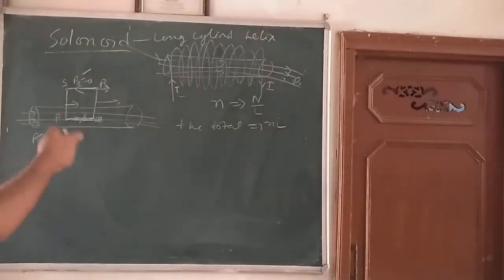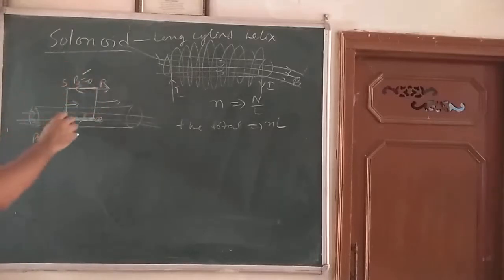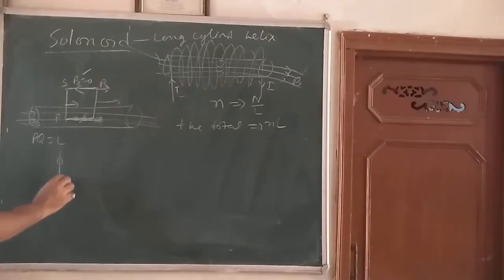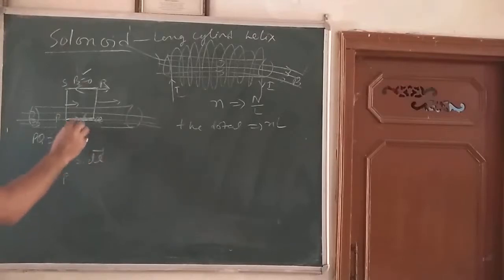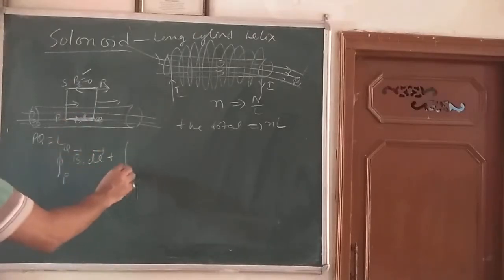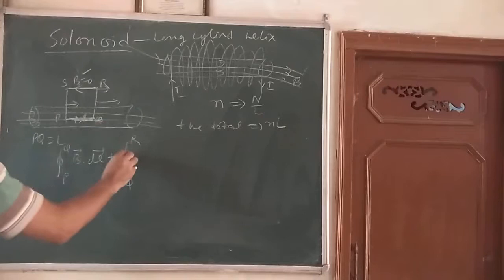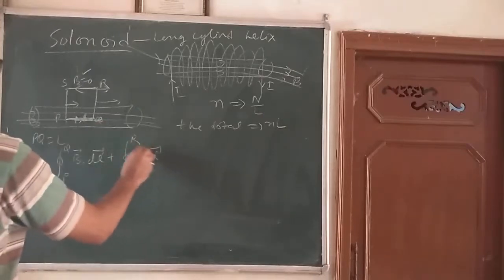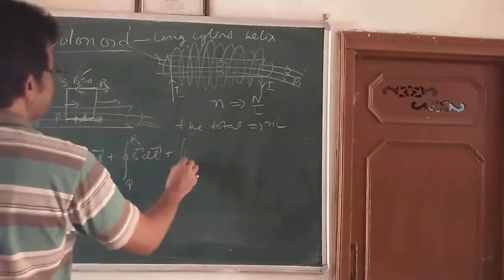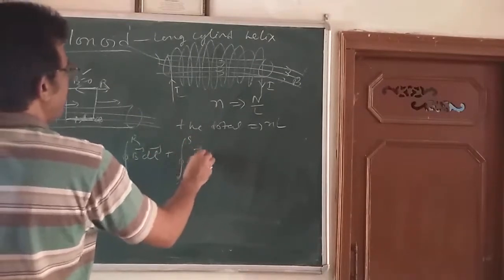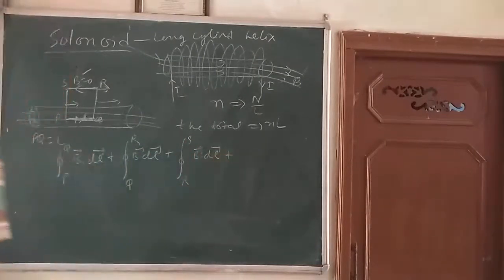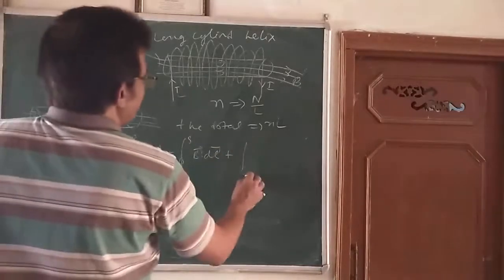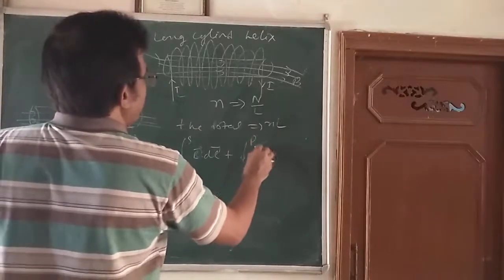So the line integral of magnetic field B over the closed path PQRS: first from P to Q, B dot dl, the length of the small element, plus QR, B dot dl, plus RS, B dot dl, plus SP, B dot dl.